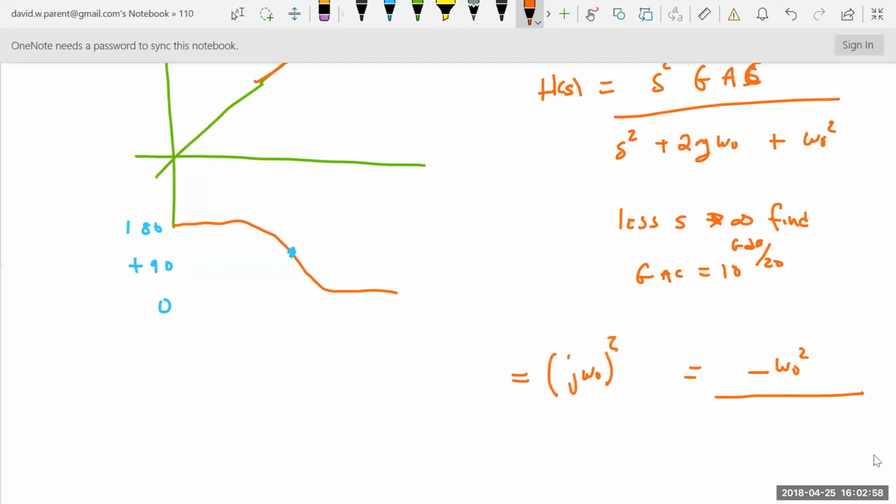Over here, we have j omega naught squared, forgot the S, plus 2 omega naught squared j plus omega naught.